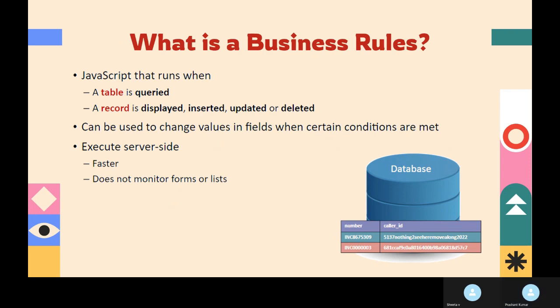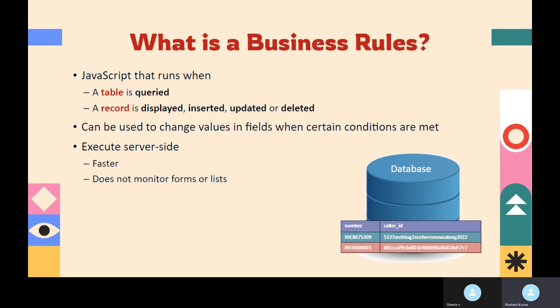So whenever we query a table, or any record is inserted, updated, deleted, or retrieved from the database, at that point we can execute our script, such as changing values in fields, or processing scripts and getting data from backend tables. This is called a business rule.